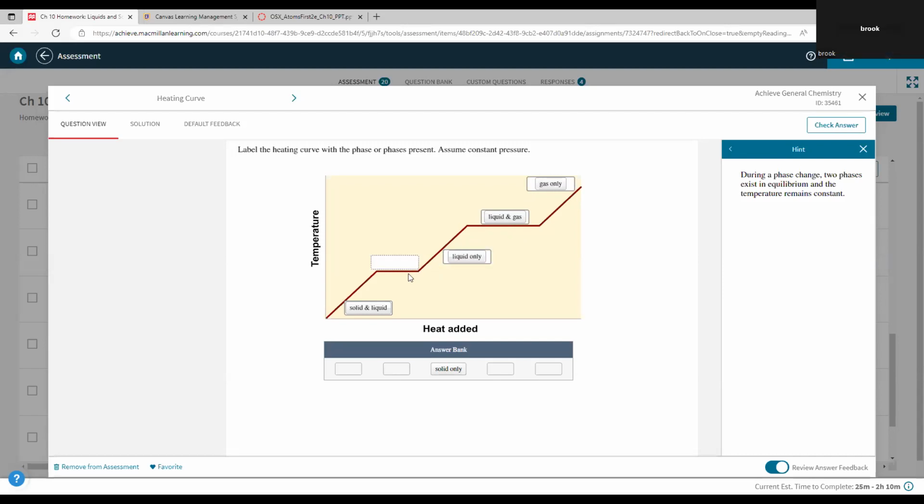Yeah, I was thinking the solid and liquid in the beginning for the ice melting. So as the ice heats up to the melting point, it's still a solid. When it reaches the melting point, then when it starts to melt, you've got some solid, some liquid, just like leaving your piece of ice on the table. After it's all melted, it's all liquid.